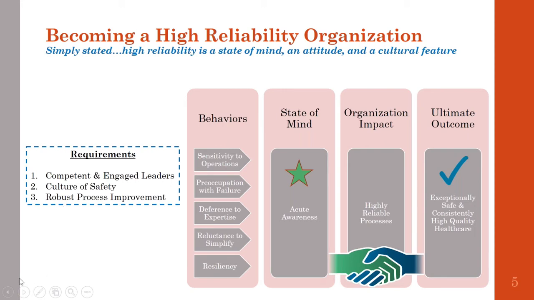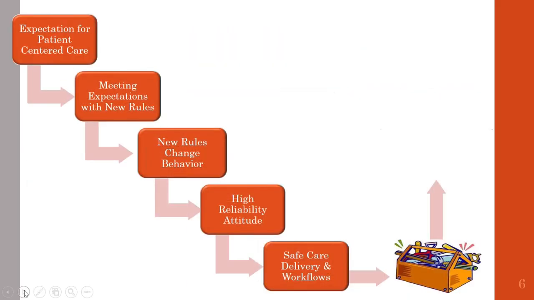So that's a super high view of high reliability, but this is what it looks like as a journey and an evolution from patient-centered care all the way down the pipe that we just spoke about. So you'll see here, there's an expectation that we do patient-centered care, and we know what that is and we know what that means.